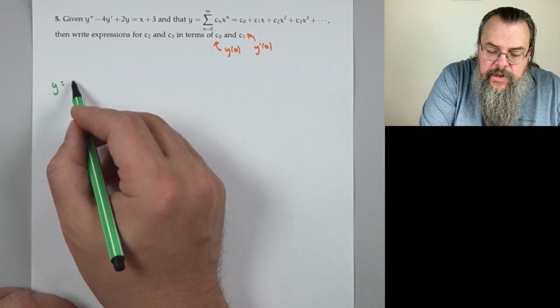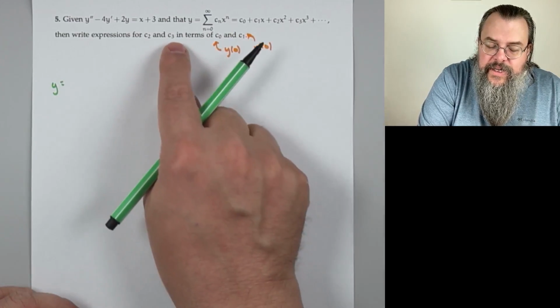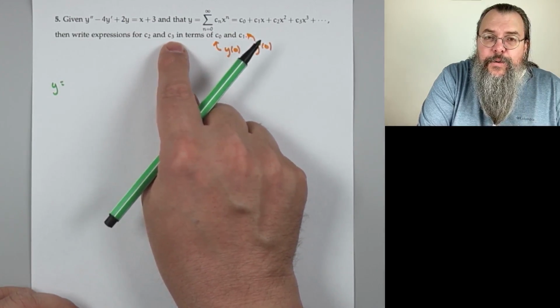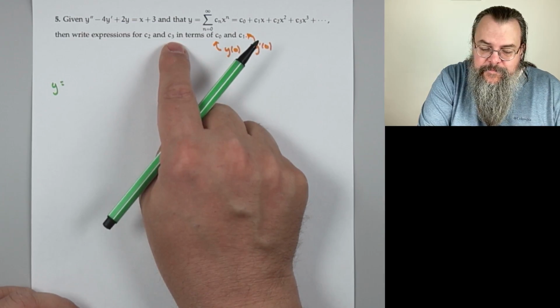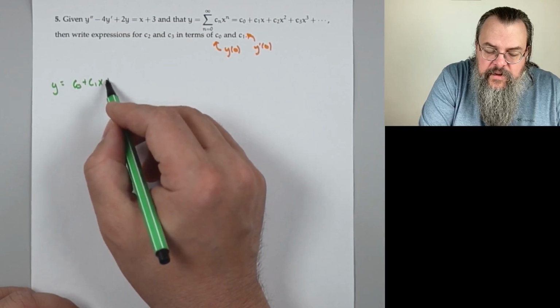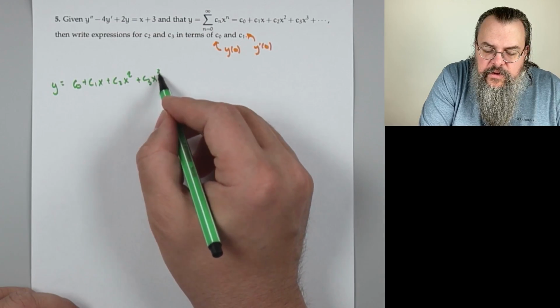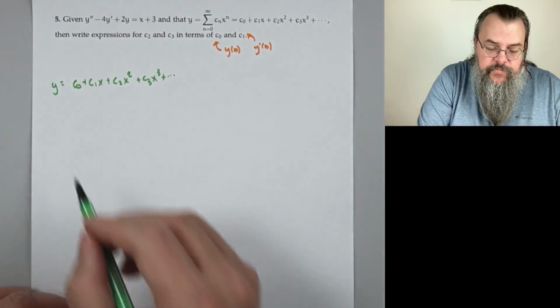We're going to go up through the c3 term. Why? Well, because we want to get something at c3. We don't care about c4 and higher. So y is c0 plus c1x, c2x squared, c3x cubed, dot, dot, dot.